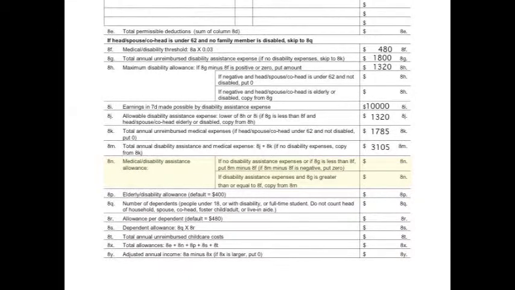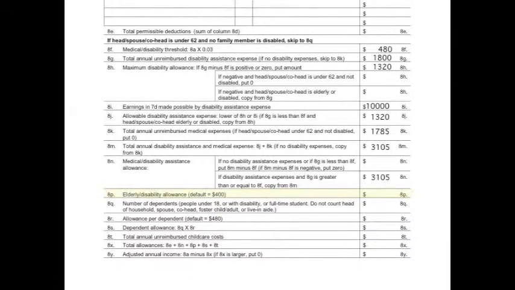If disability assistance expenses and 8G is greater than or equal to 8F. Well, that's a true statement. So the form tells us to copy from 8M. So the second field on 8N is $3,105. On 8P, John qualifies this family as an elderly family, so they get that $400 allowance.